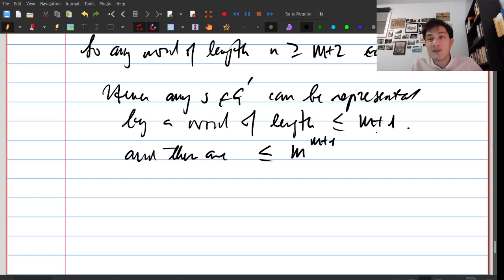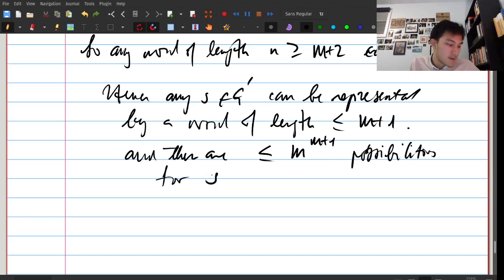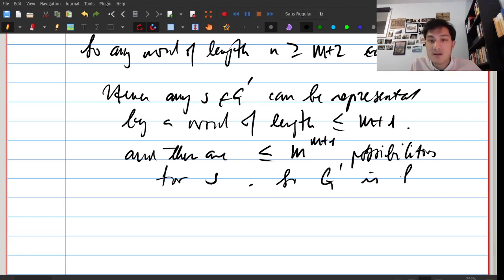Because in a word of length m plus 1, there are m plus 1 SIs. And how many choices do we have for each SI? We have m, so it's m to the power of m plus 1 possibilities for s. This is a huge number, but we conclude that G prime is finite.